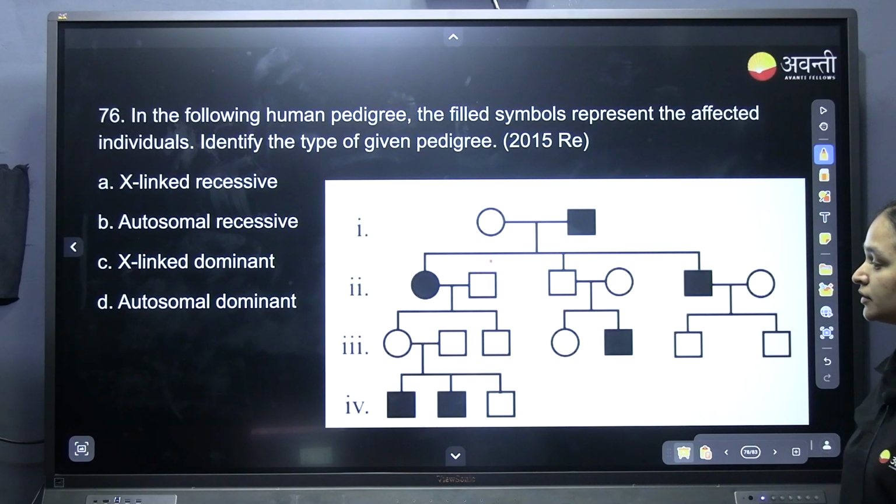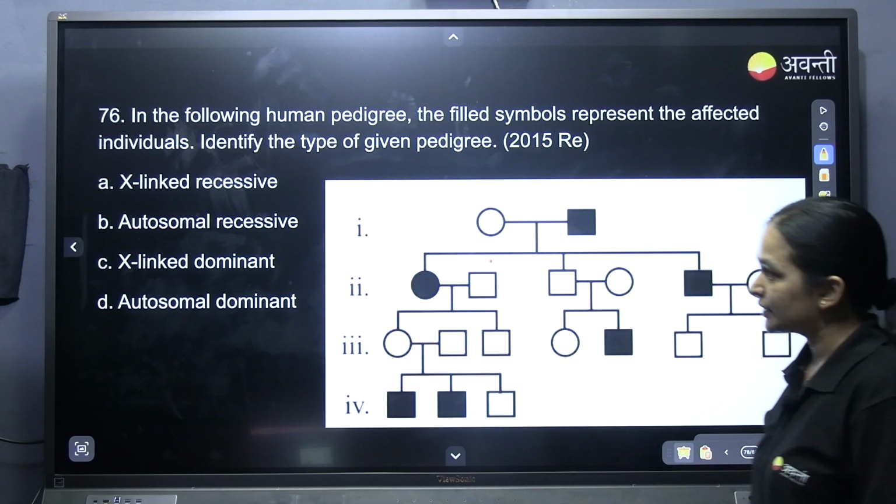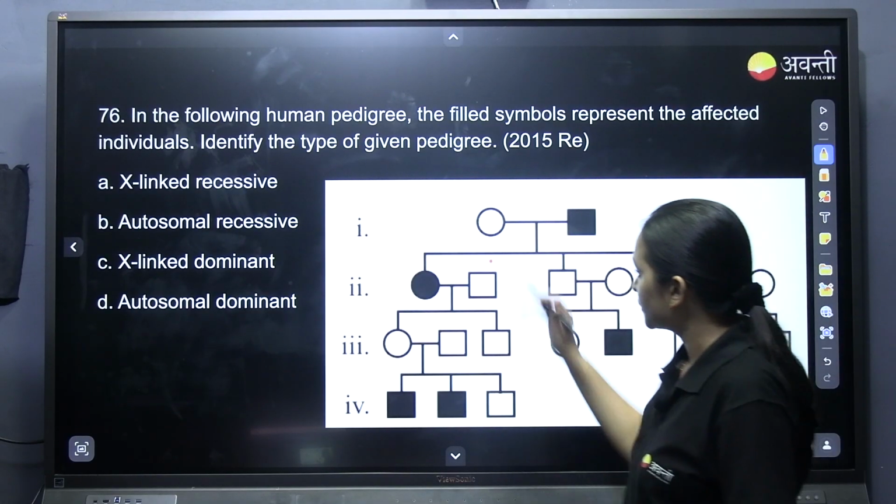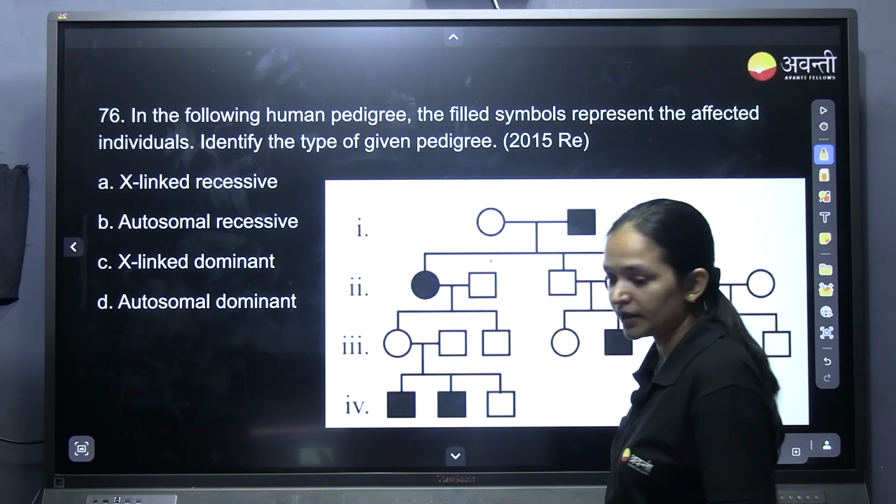In the following human pedigree, the filled symbols represent the affected individuals. Identify the type of given pedigree. Tell me whether it is dominant or recessive.